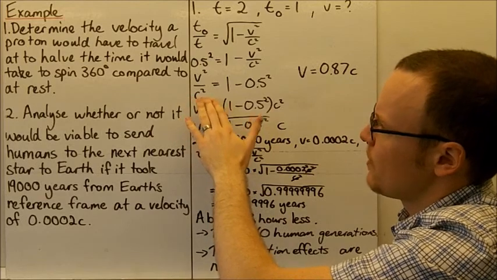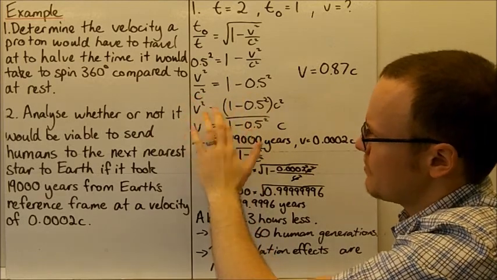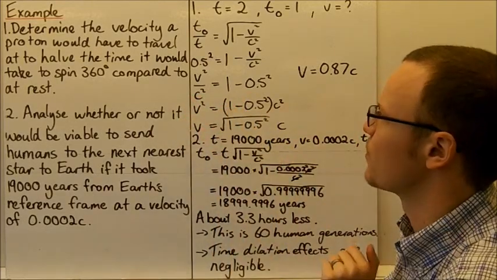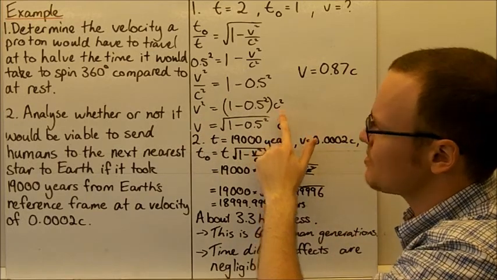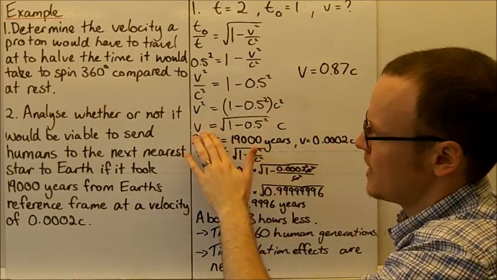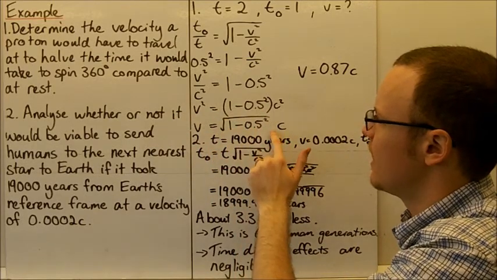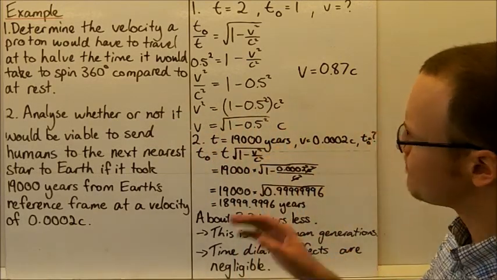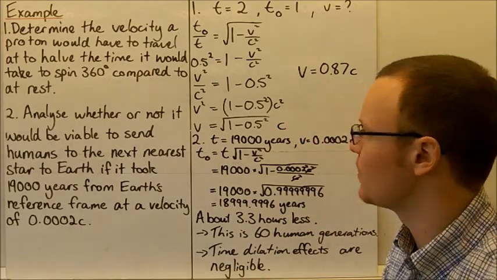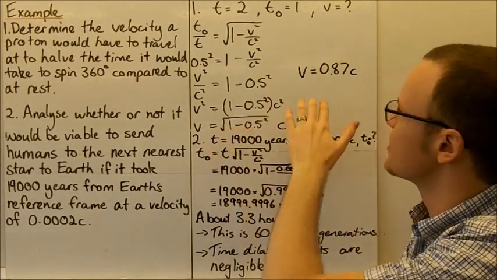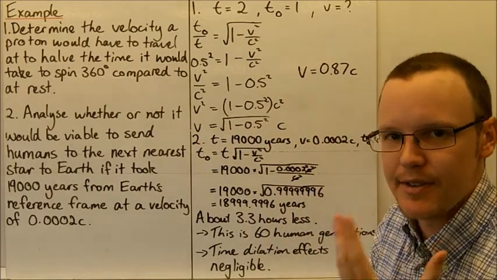We can then multiply both sides by c squared. We get v squared equals 1 minus 0.5 squared times c squared, and then we can find the square root of both sides. So the square root of this term here multiplied by c. So that velocity relating to c is going to be 0.87 c.